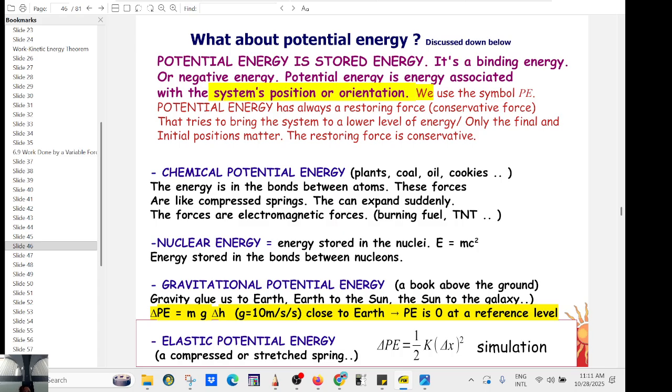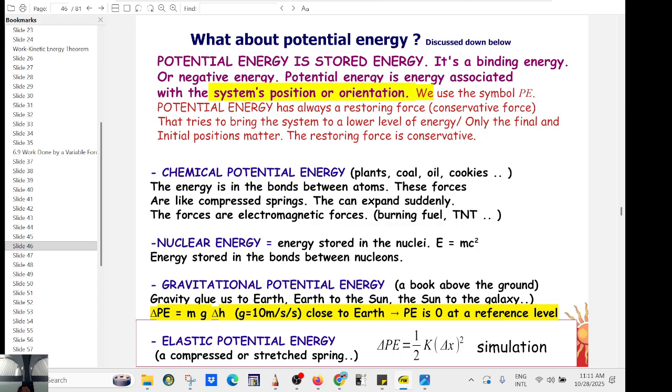But these are called chemical potential energy. It's in the bonds, inside the molecules. So when you are burning fuel, or if you are using an explosive, same thing, you are breaking the bonds, you are releasing that stored energy.